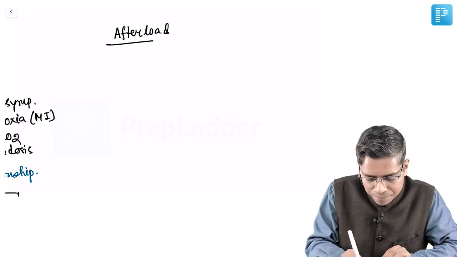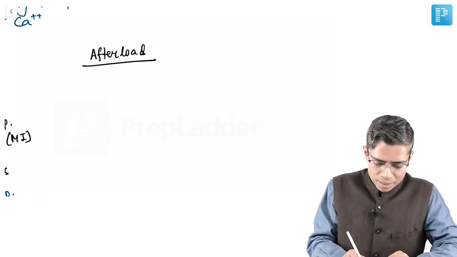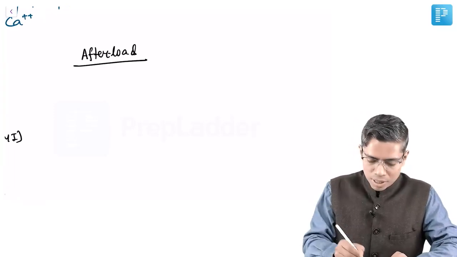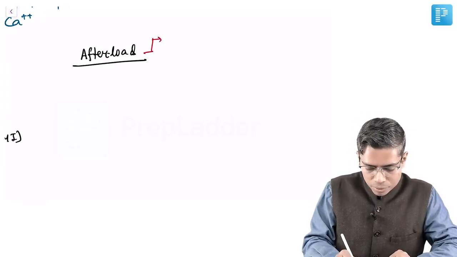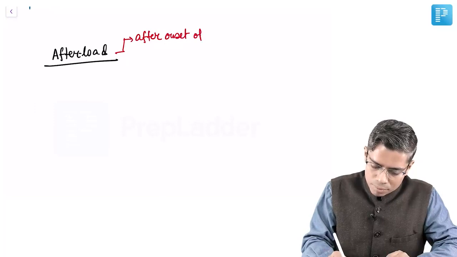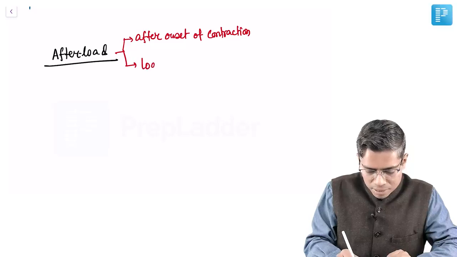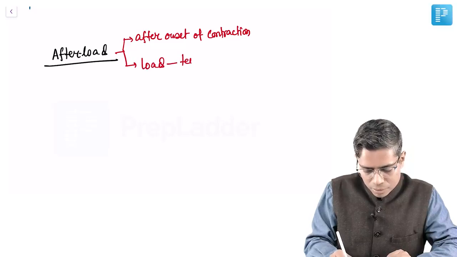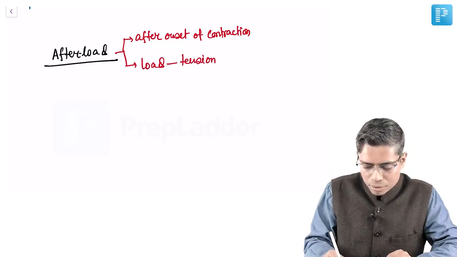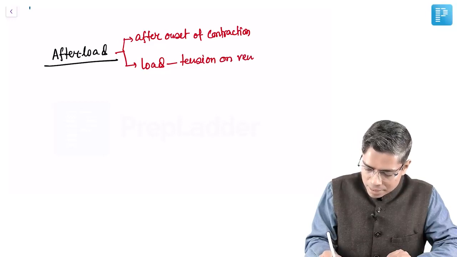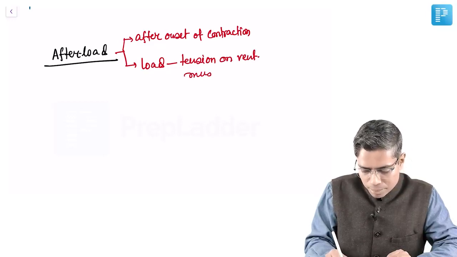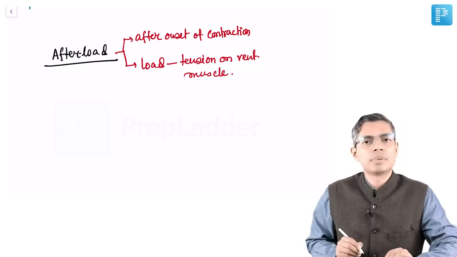So I am writing here afterload. Same thing, after means after the onset of contraction. After the onset of contraction, the load, meaning the tension which is applied on the ventricular muscles, is known as afterload.